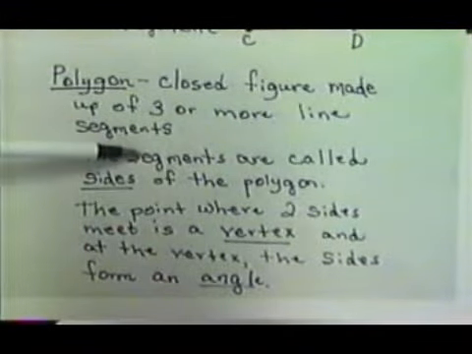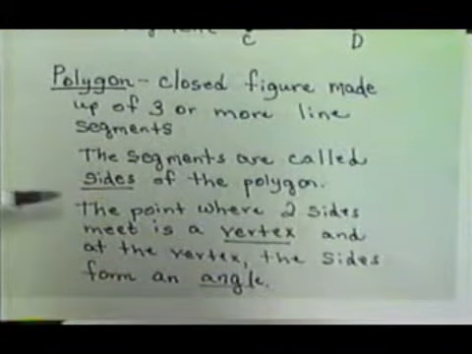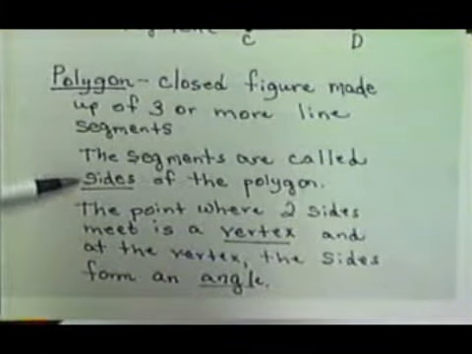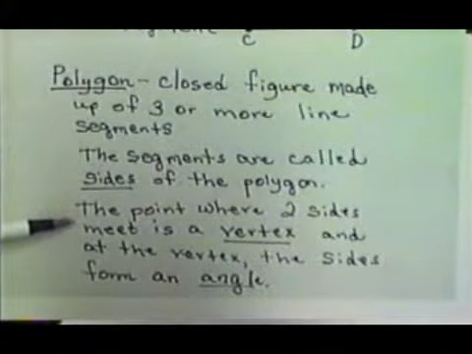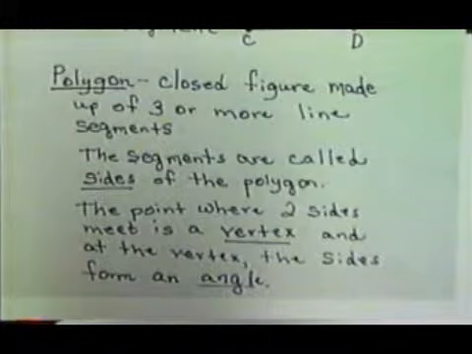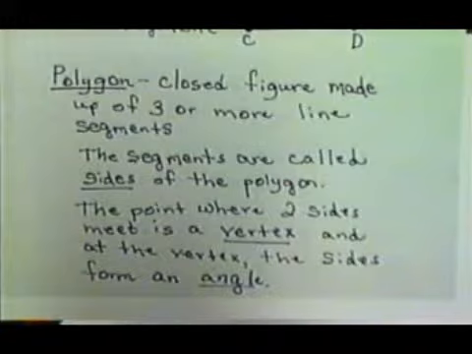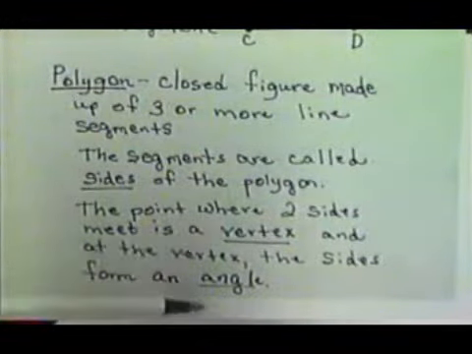The segments are called sides of the polygon. So when you draw your figure, the segments will be called sides. The point where two sides meet is a vertex. And at the vertex, the sides form an angle. Now we'll look at a picture of a polygon in just a minute, and we'll pick out what I mean by the sides, a vertex, and an angle.